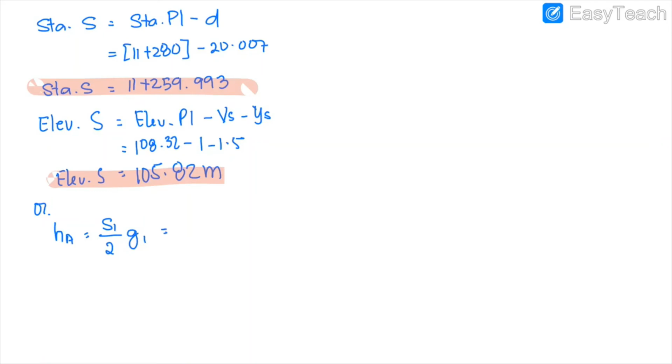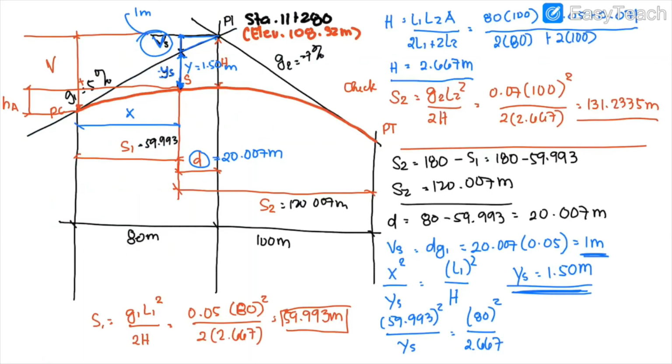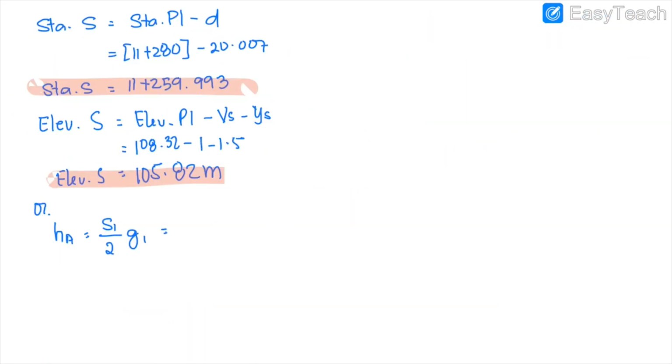Okay? Kasi nandun siya sa G1 grade. Dito yan. Okay? So, S1 is 59.993 over 2. G1 is 0.05. We can then compute HA as equal now to 1.5 meters.